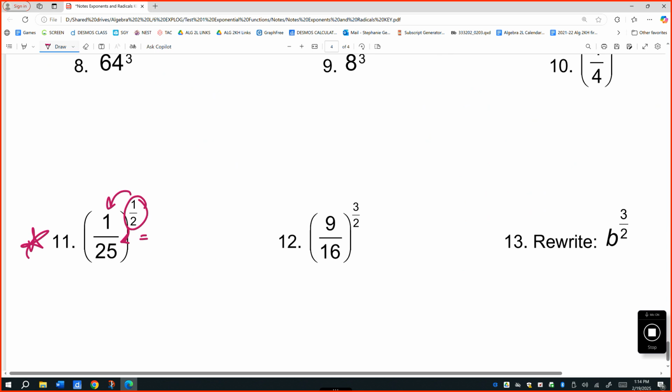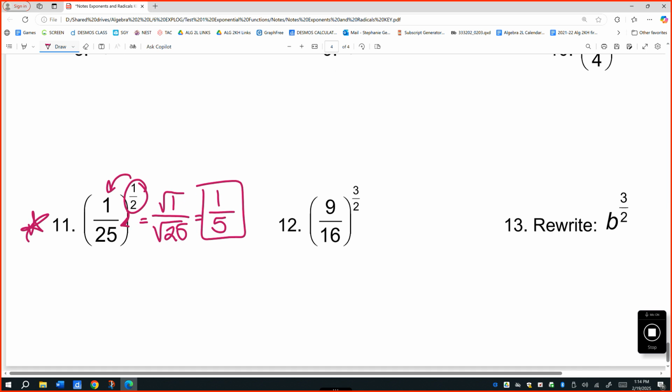Square root, right? So this would be the same thing as the square root of 1 over the square root of 25. And we know what those things are, right? The square root of 1 is 1, and the square root of 25 is 5. So without a calculator, we can just figure out that that one is 1/5. Okay?